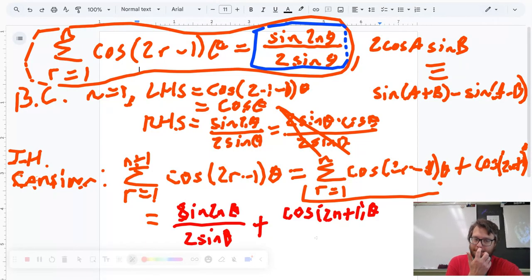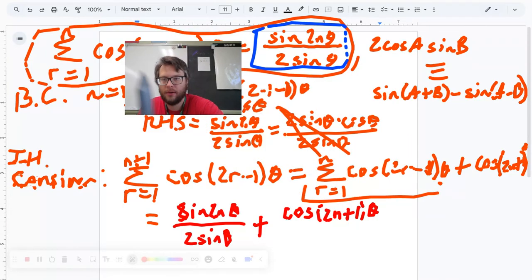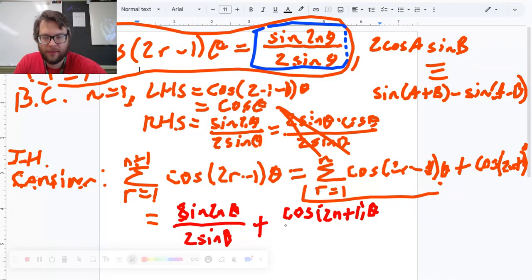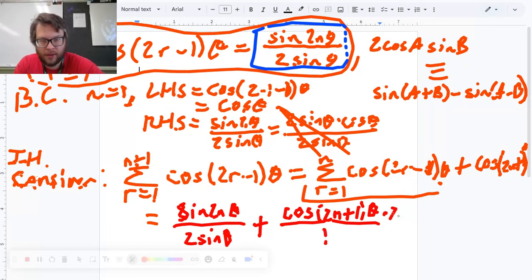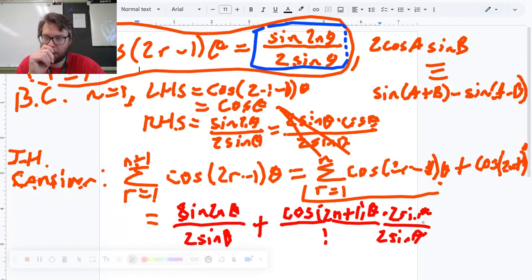Now, we're going to make a common denominator. To make a common denominator, I'm going to multiply this one, which used to have a denominator of 1, by 2 sine theta over 2 sine theta.